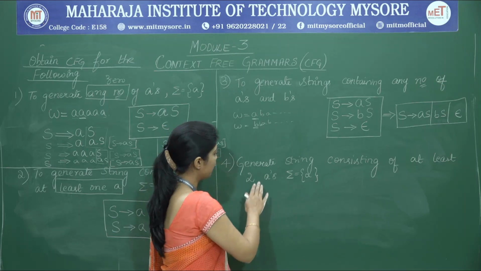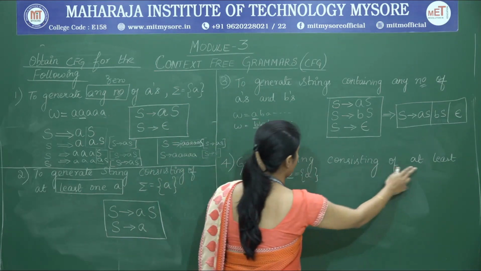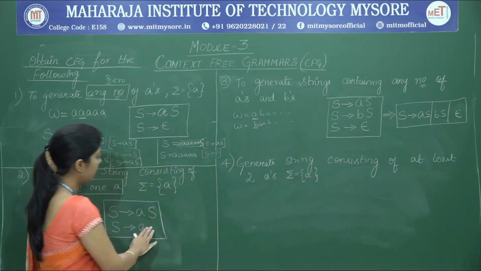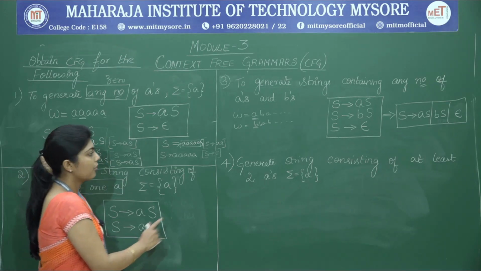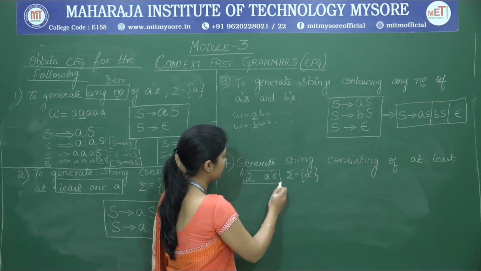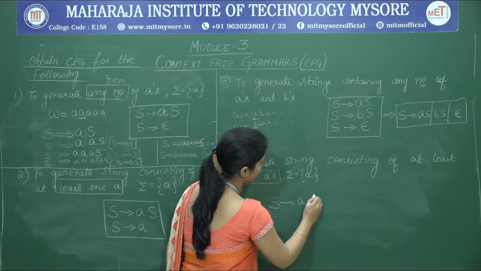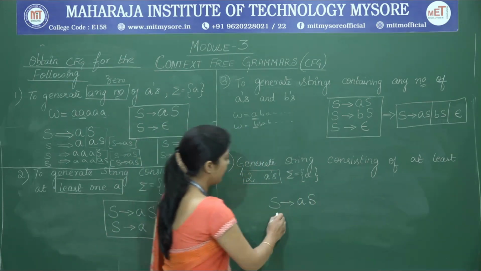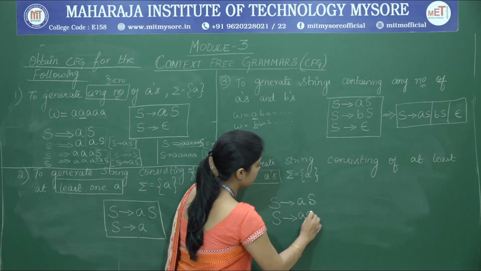So this is how we generate any number of A's and B's, in any order. The next problem is to generate strings consisting of at least 2 A's. Here we have designed a grammar to generate at least one A, and here they have asked for at least 2 A's. So the rule is going to remain the same. This is going to generate any number of A's, and we know that the minimum number of A's is 2.